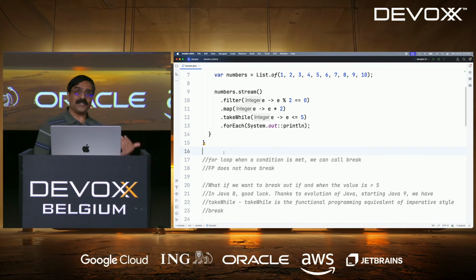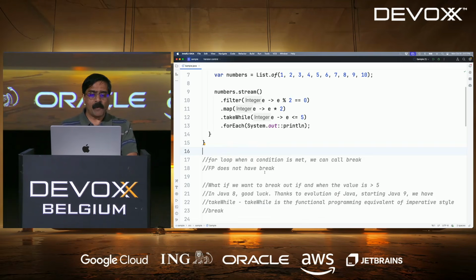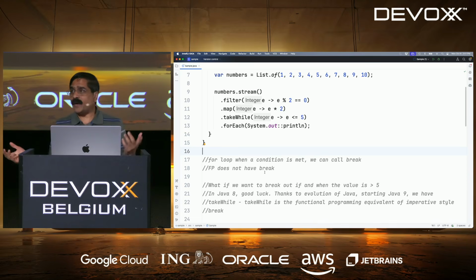Similarly, more functions have been added along the way, but a lot of them were to the terminal operations, not to the intermediate. But what if we wanted our own custom intermediate operation? How do we make that happen? There are maybe two answers to it. One is, sorry, you cannot do it.